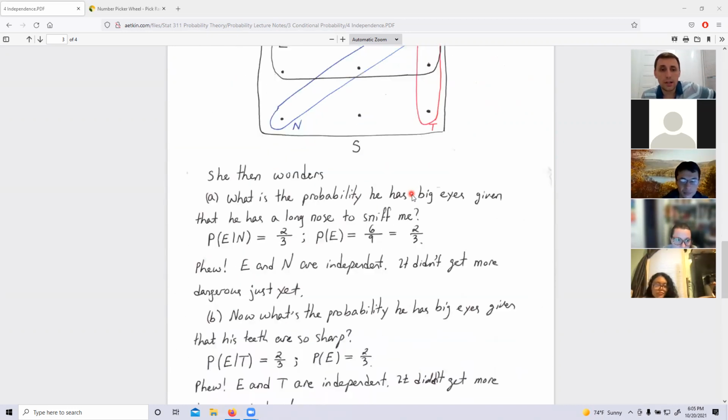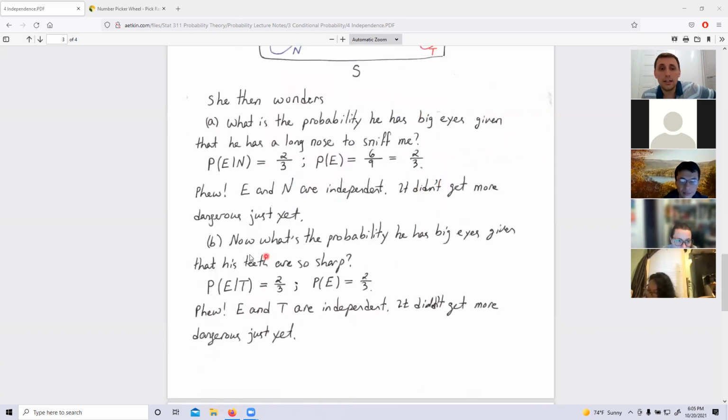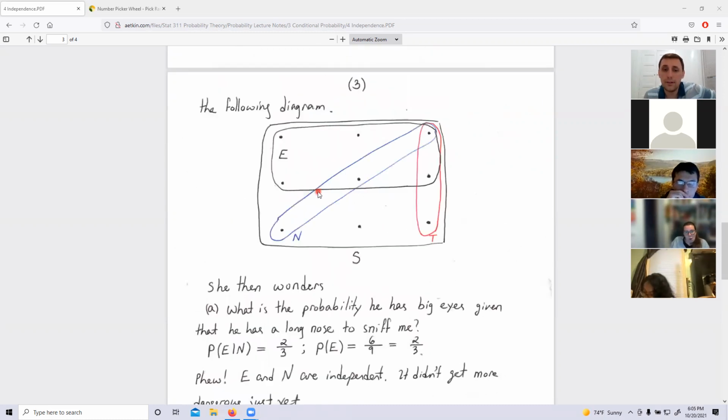And of course, if we look at the T situation, at the animals with the big teeth, you see what happens? Having big eyes is independent of having a long nose. The probability you meet an animal that has big eyes is not affected by whether you meet one with a long nose.